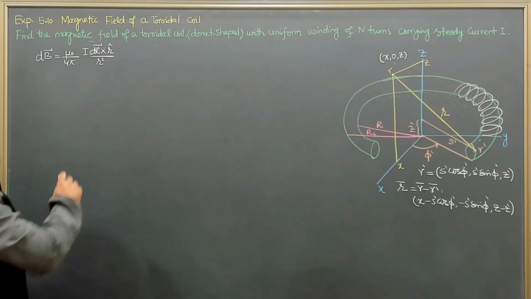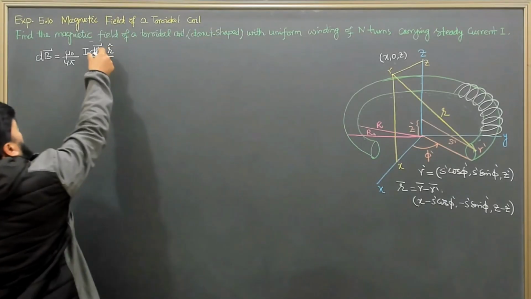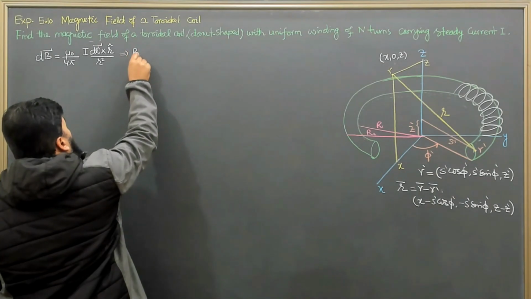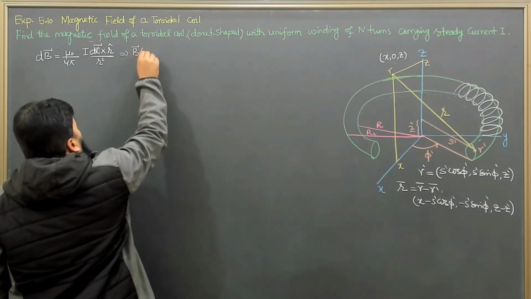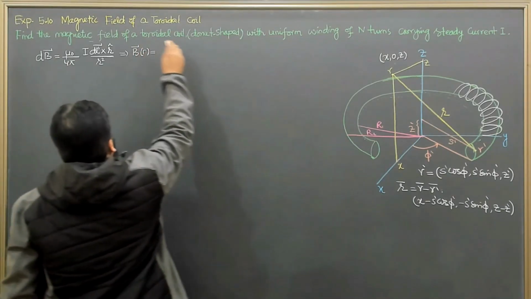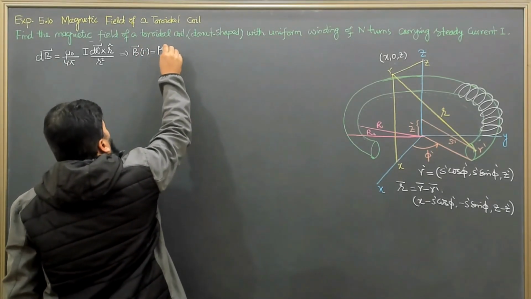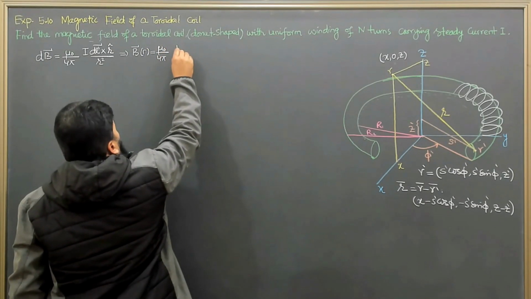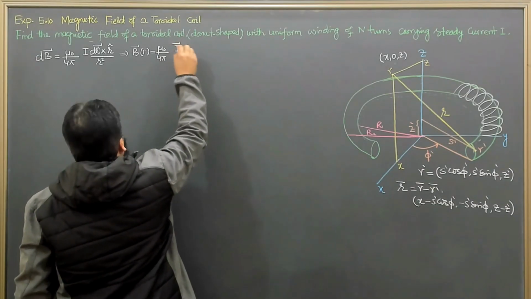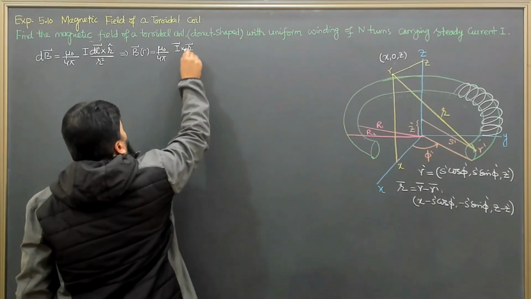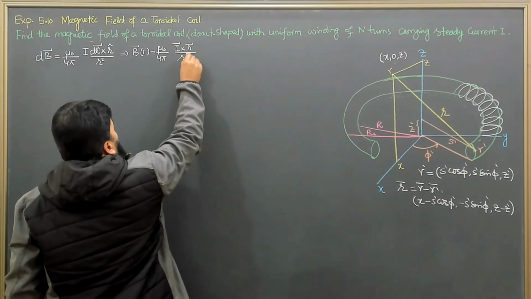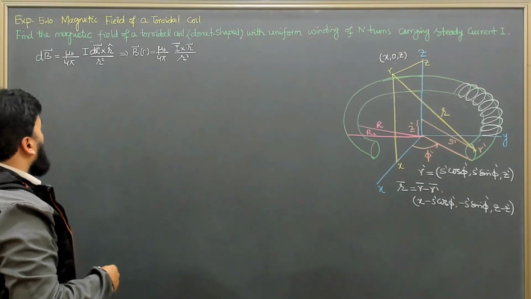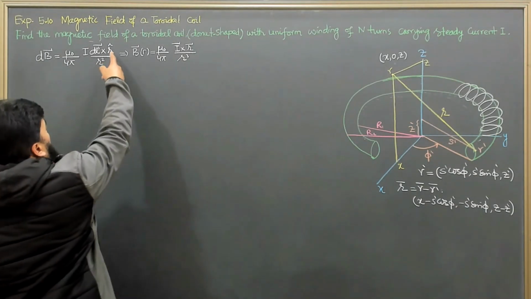Now if I want to write this as a vector and combine this with this one, I can write that the magnetic field B at R will be equal to mu naught over 4 pi, and then I being a vector here, I will have to write this as a cube, because the conversion of our vector to our magnitude makes our unit vector.